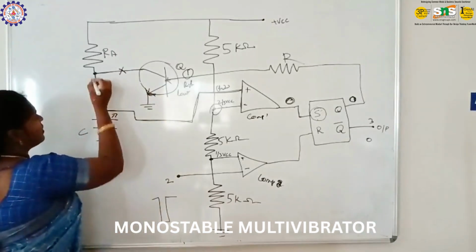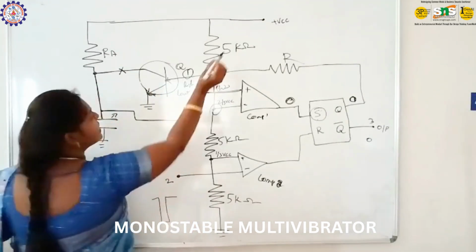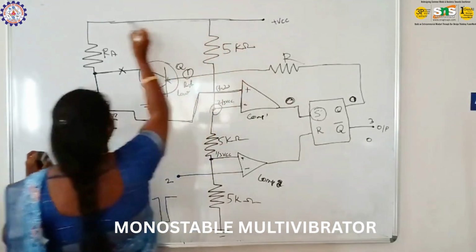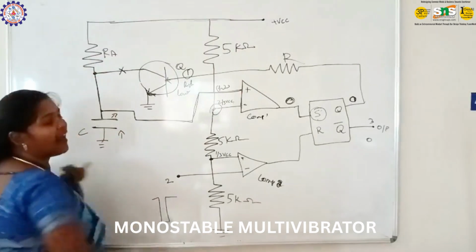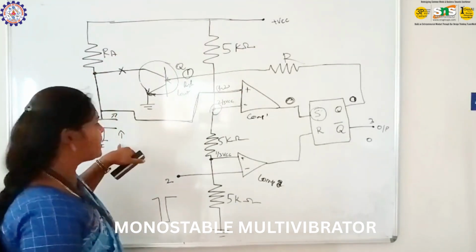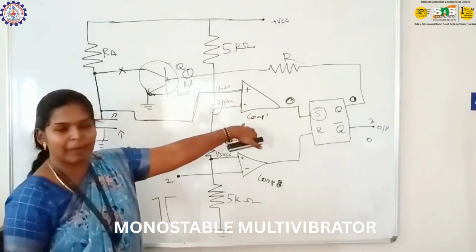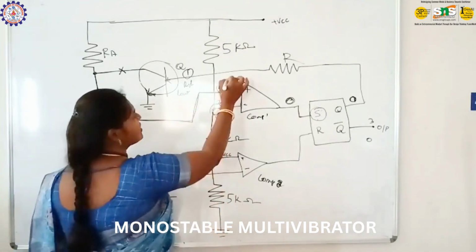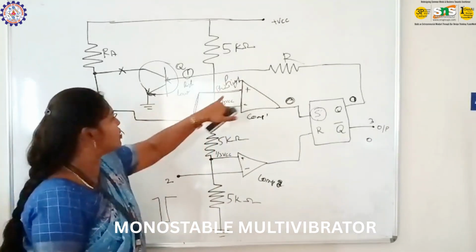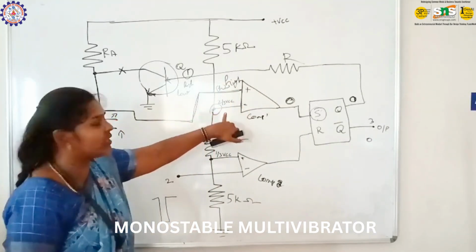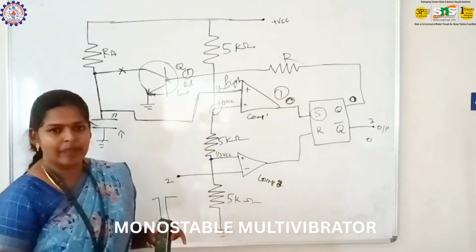So now the capacitor will take input from VCC. This VCC through R_A now charges the capacitor, and this signal is now given to the comparator. Now this signal is very high and the other is very low, so the comparator will produce the output as 1.